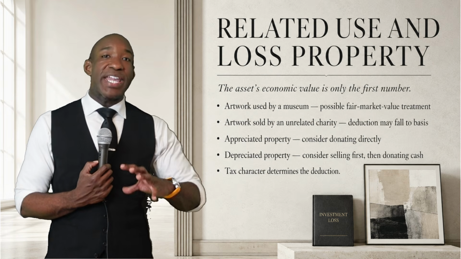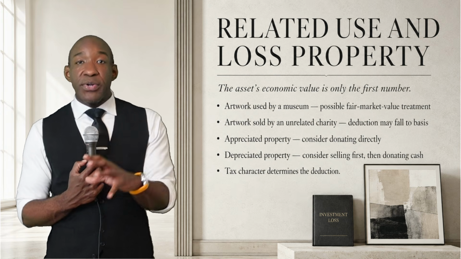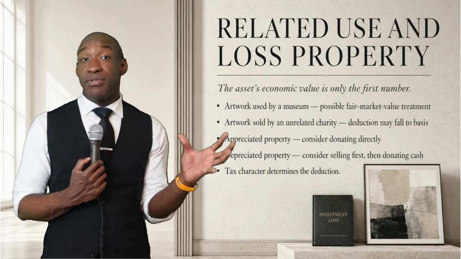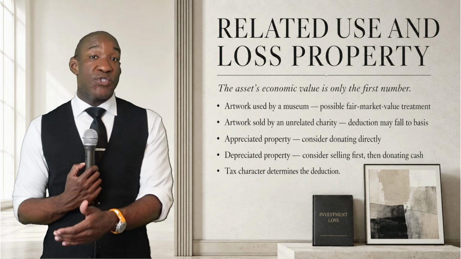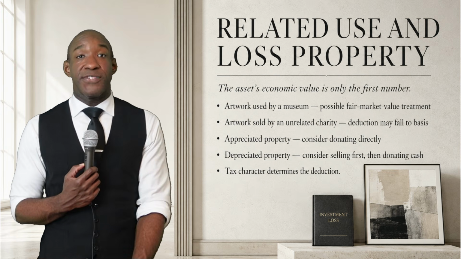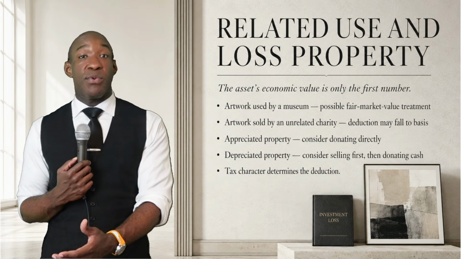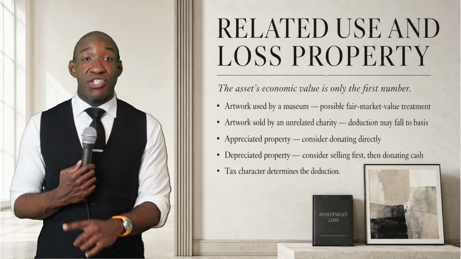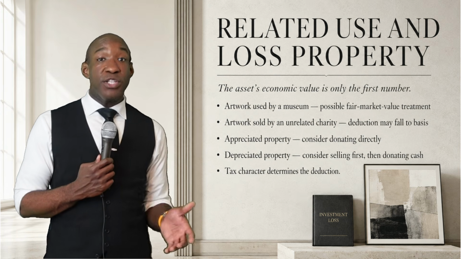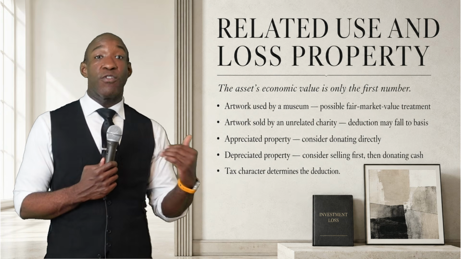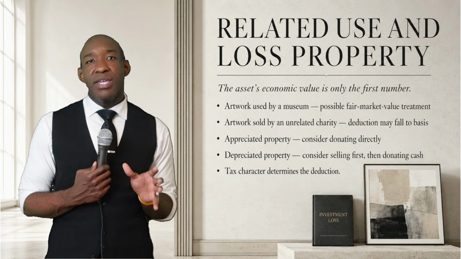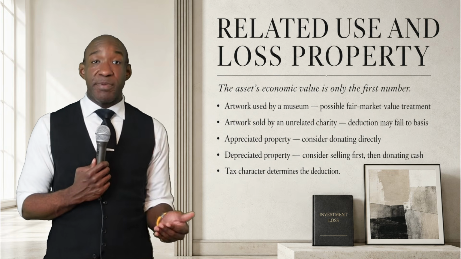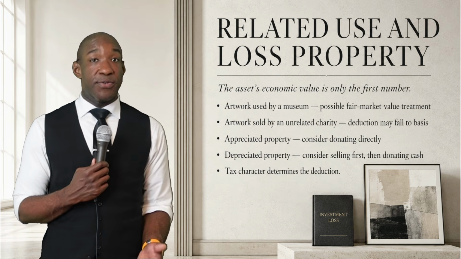There is also a recapture rule where the donor claimed a fair market value deduction for certain related use property over $5,000 and the charity disposes of it within 3 years. Unless the charity makes the required certification, the donor may have to include the prior deduction excess over basis in income. The charity reports certain dispositions on Form 8282.